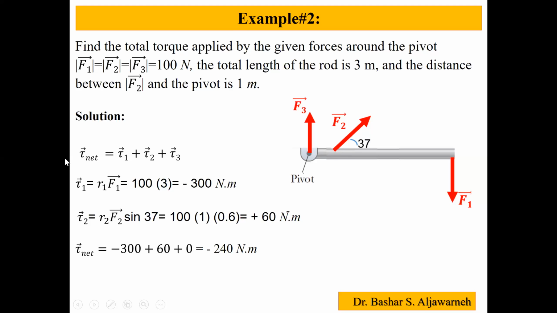Go back to the original formula here. So 60 plus minus 300 will be minus 240 Newton meters, or 240 Newton meters clockwise, or 240 Newton meters into the page.